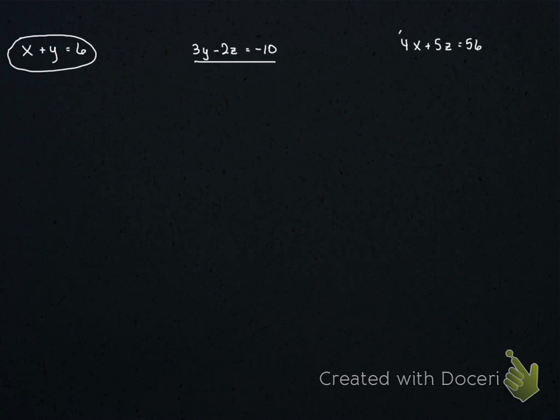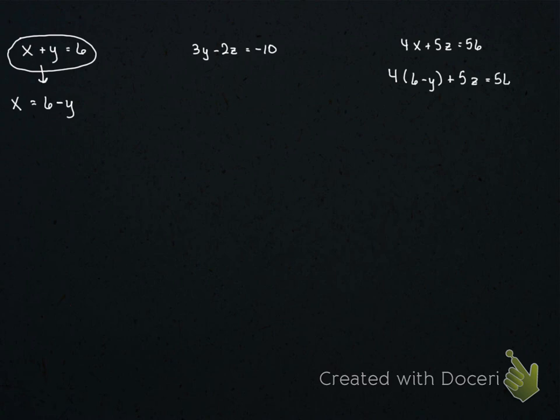So the way that we're going to accomplish that is by taking this first equation here and solving it for x. So x is equal to 6 minus y. Now that we know what x is equal to, we're going to come over here to the equation on the far right and rewrite it in terms of y and z.